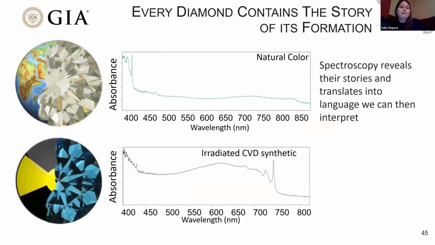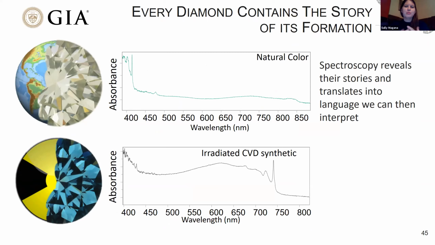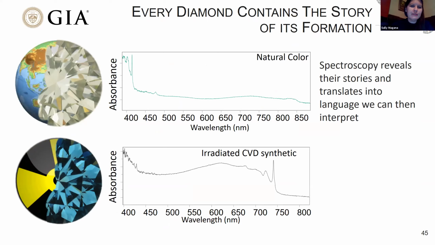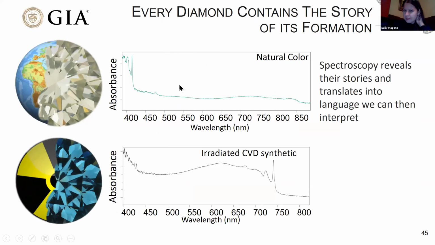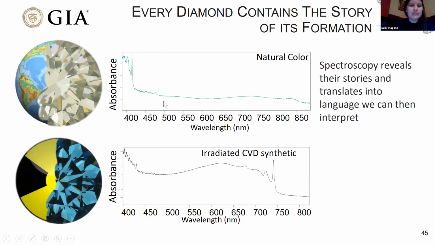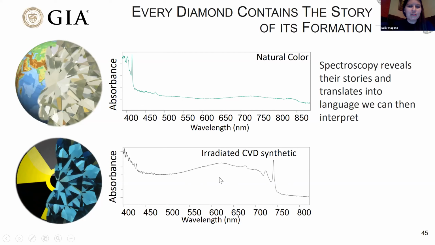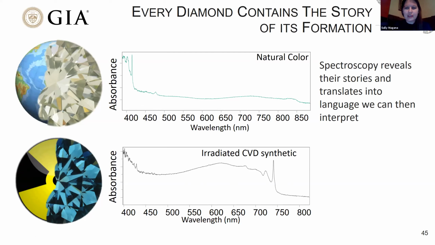And so finally, I just want to say that every diamond contains the story of its formation. Within each of these spectra, I can look at it and know precisely that this is a natural diamond with natural color. And for this diamond at the bottom, I can look at its spectra and know that it's an irradiated CVD synthetic.